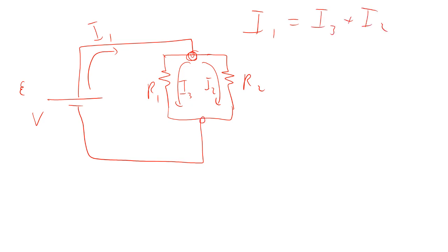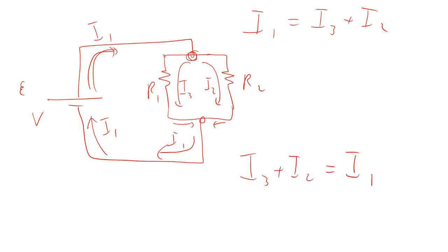Now, at the other junction, I have I3 going in, I2 coming in. If this is I1 going up this way, that has to be I1 right there in order for conservation of current. So current going into that last junction is I3 plus I2. Current coming out is I1.